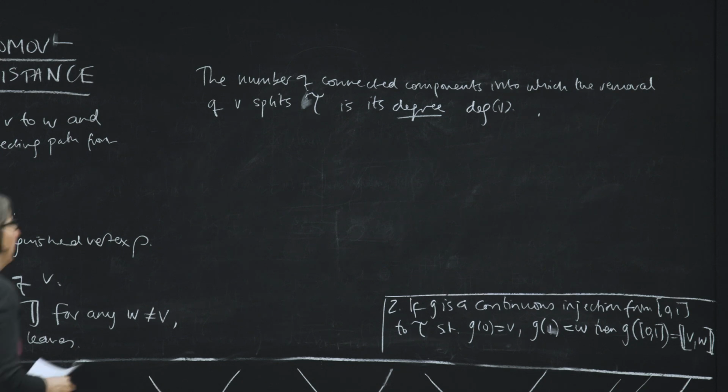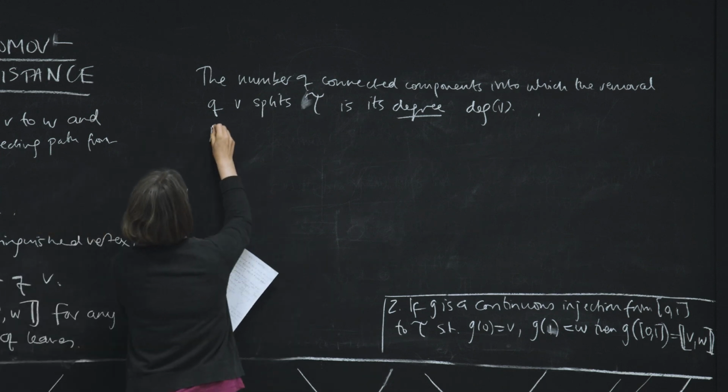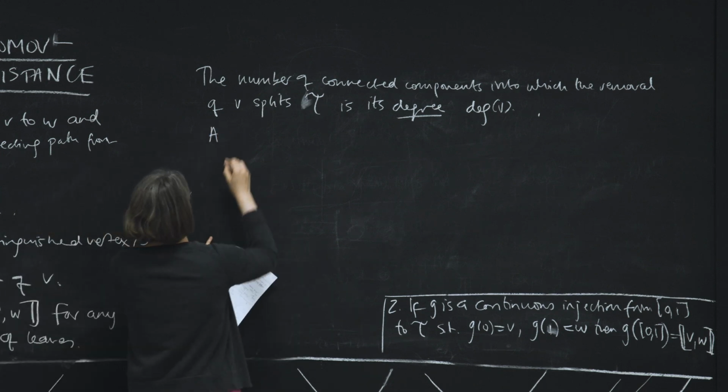And again, by analogy with discrete trees, a vertex of degree 3 or more is a branch point.